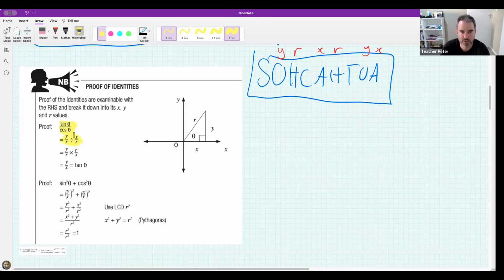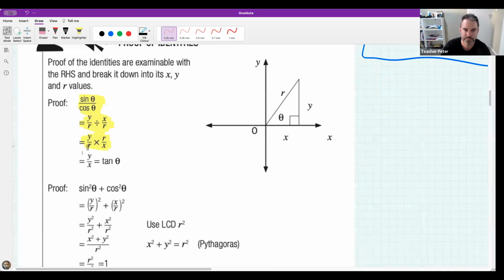But if you're dividing by a fraction, you change the division to a times and flip the second fraction over. So x over r becomes r over x because it became a times.